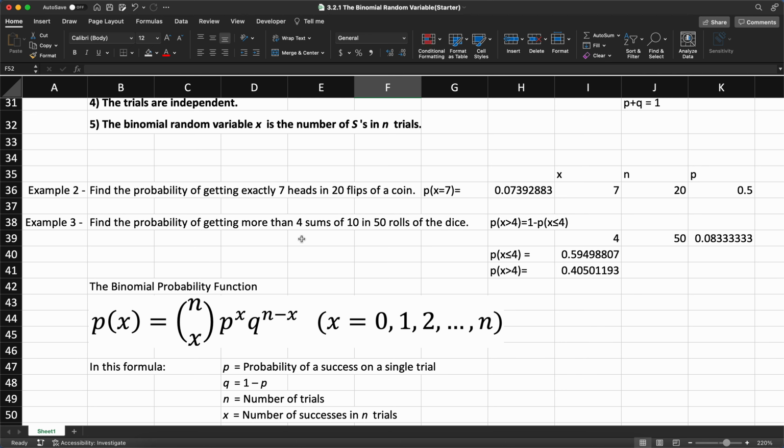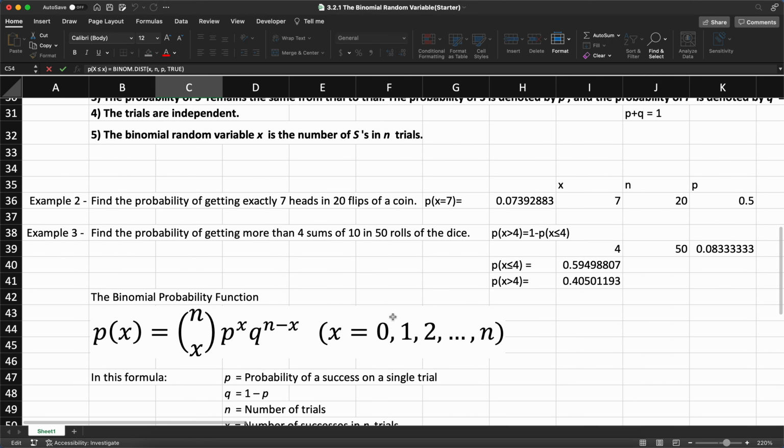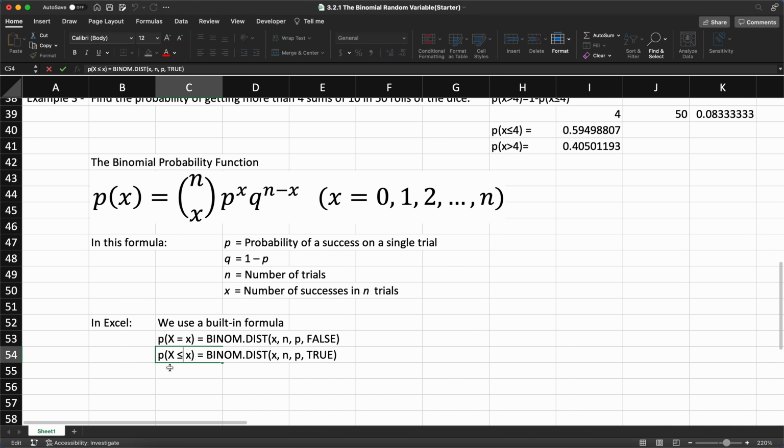Or if I even said less than 4 sums, I can't put 4 here. I'd have to put 3 here, because this always calculates less than or equal to, not less than. So I have to pay special attention to the fact that this is a less than or equal to and not a less than. Or I have to pay special attention to whether we want exactly a certain number of values.